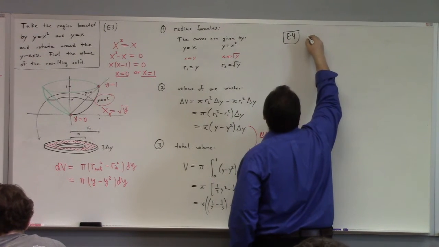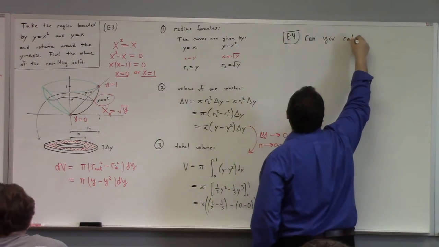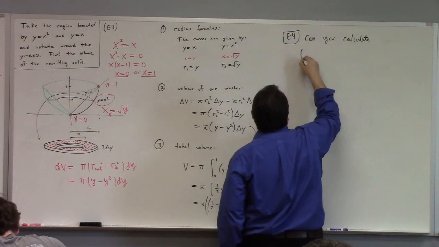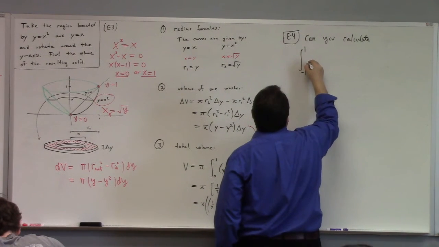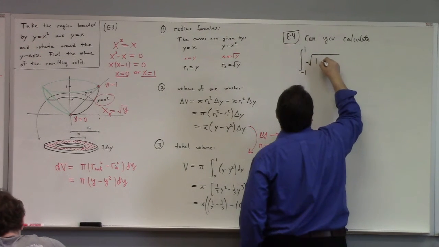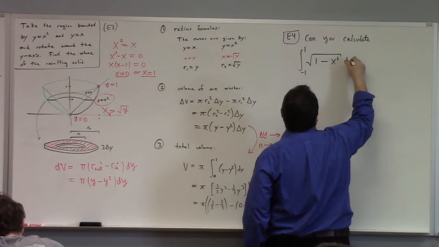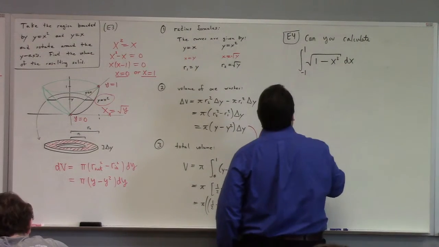Can you calculate the integral from minus 1 to 1 of the square root of 1 minus x squared dx?